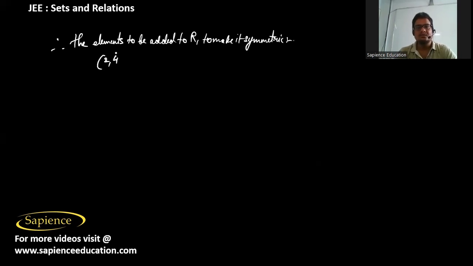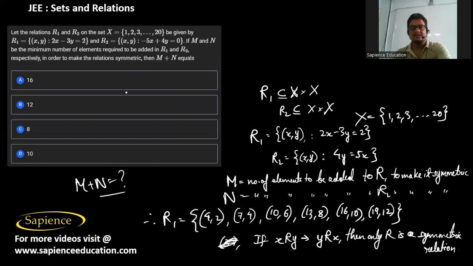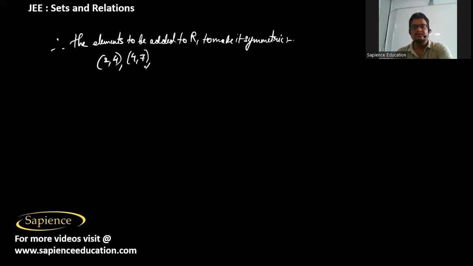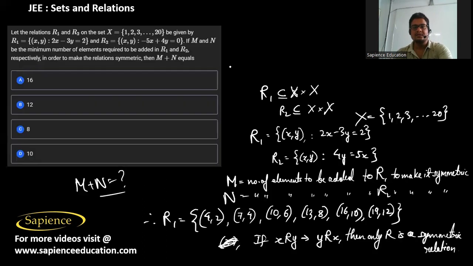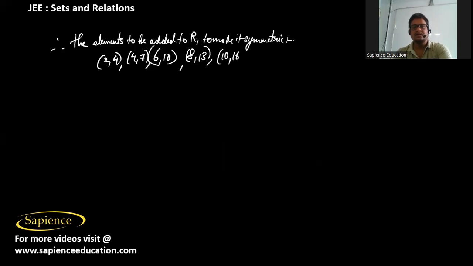Therefore, the elements to be added to R1 to make it symmetric are: one is (2, 4), and then (4, 7) also we have to add, then (6, 10) also, and then (8, 13) also, and then (10, 16) also, and then (12, 19) also we should add.